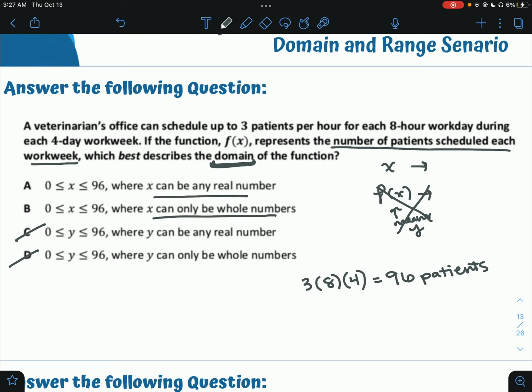X can be any real number, X can be any whole number. Remember, real numbers are whole, decimal, fraction, all of them, rational, irrational. So 96 patients. Can you have a fraction or a decimal of a patient? No, so it shouldn't be the real numbers. We should have the whole numbers.